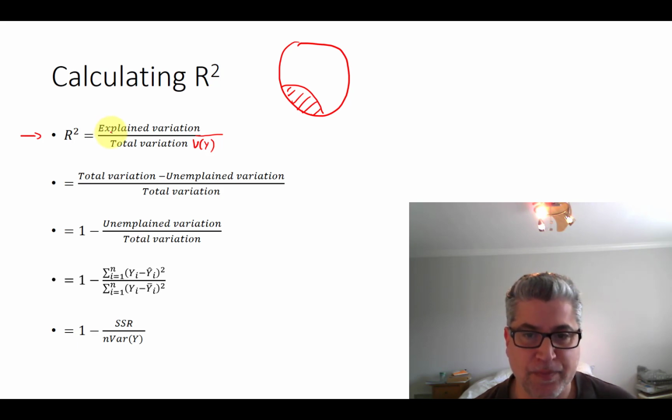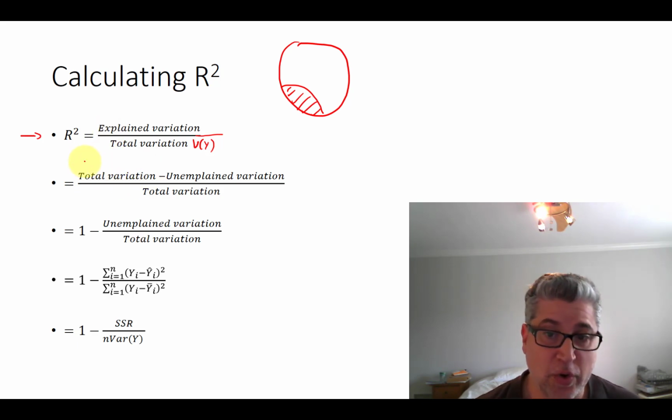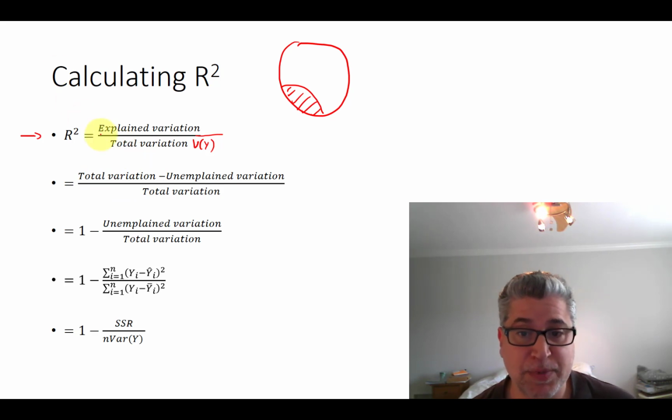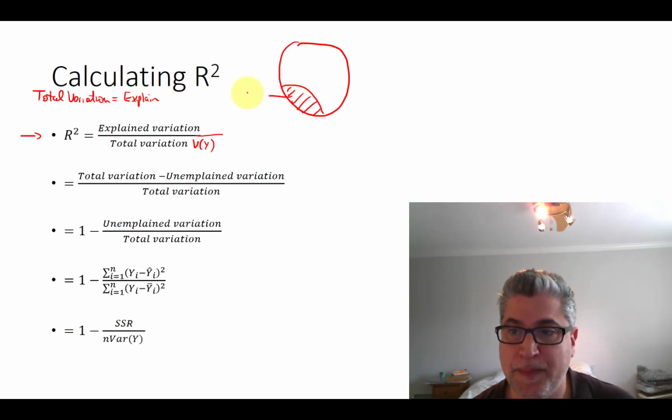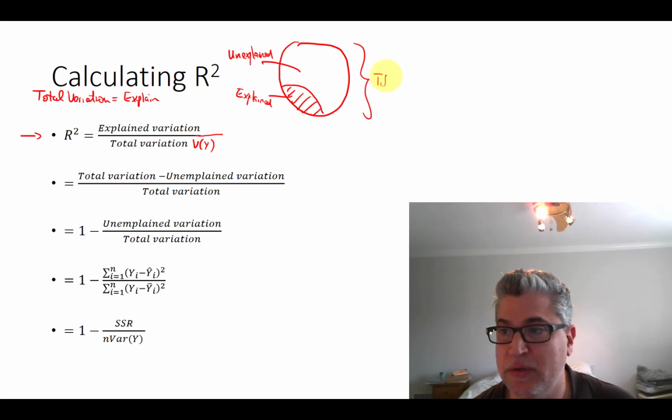Explained variation is, think of the total variance, so you can split up the total variation as the part that you can explain. That's this part. And the part that you can't, the unshaded. So this whole thing is total.